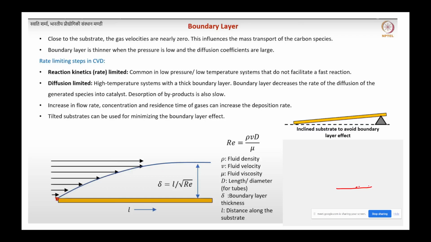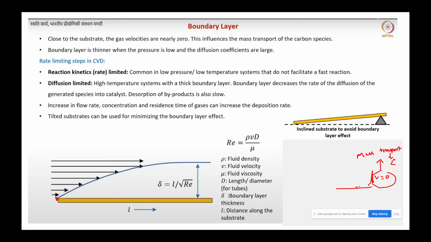If the gas velocity is zero here, this will affect the overall mass transport of your carbon species in the CVD process. So your boundary layer is thinner when the pressure is low and the diffusion coefficients are large.